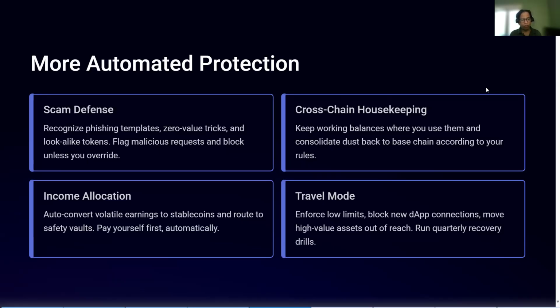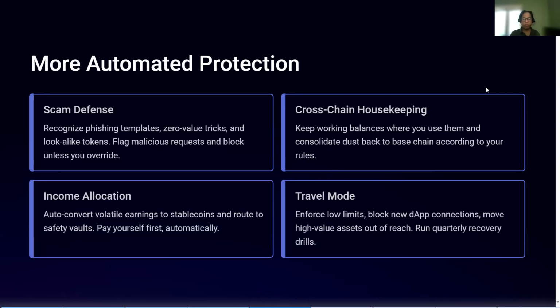And then the income allocation. It automatically converts volatile earnings to stable coins and routes them to safety vaults. It makes this decision automatically based on the policy you set, so that it can protect your assets during volatile market conditions. And then travel mode.